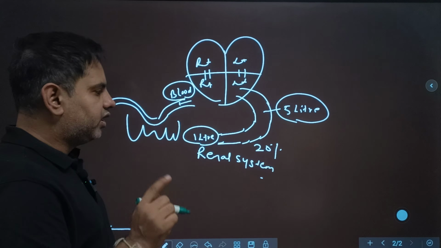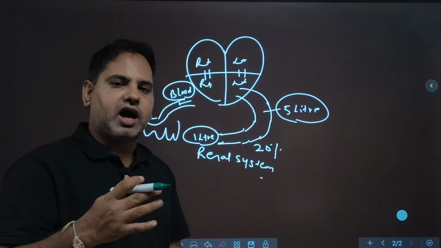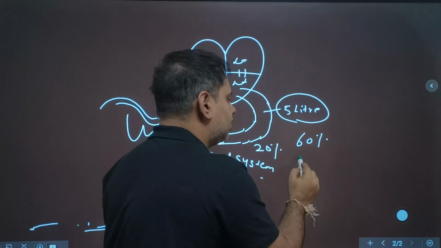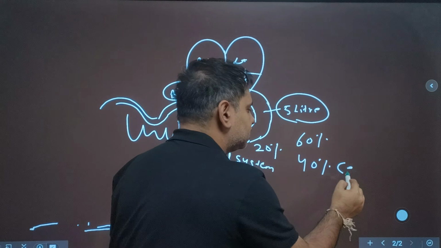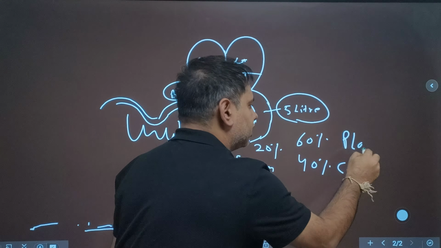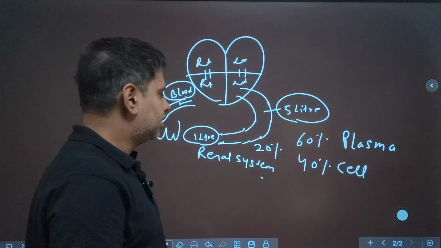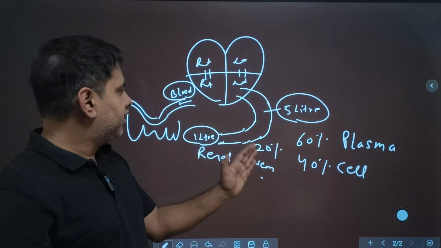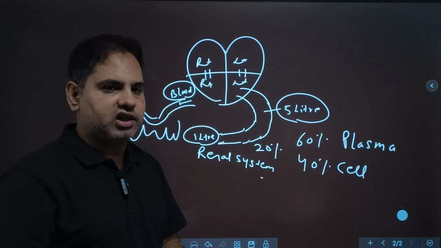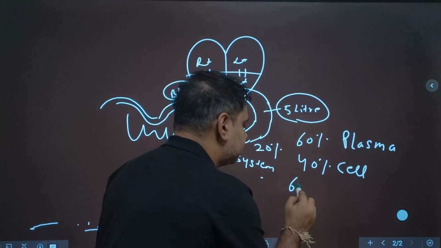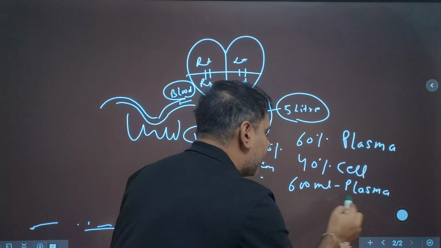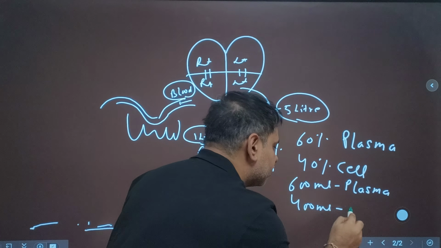If you see in 1 liter of blood, how much will be your plasma and how much will be your cells? 60% will be your plasma and 40% is your cells. So, in 1 liter of blood going to the renal system, 600 ml will be your plasma and 400 ml is your cells.